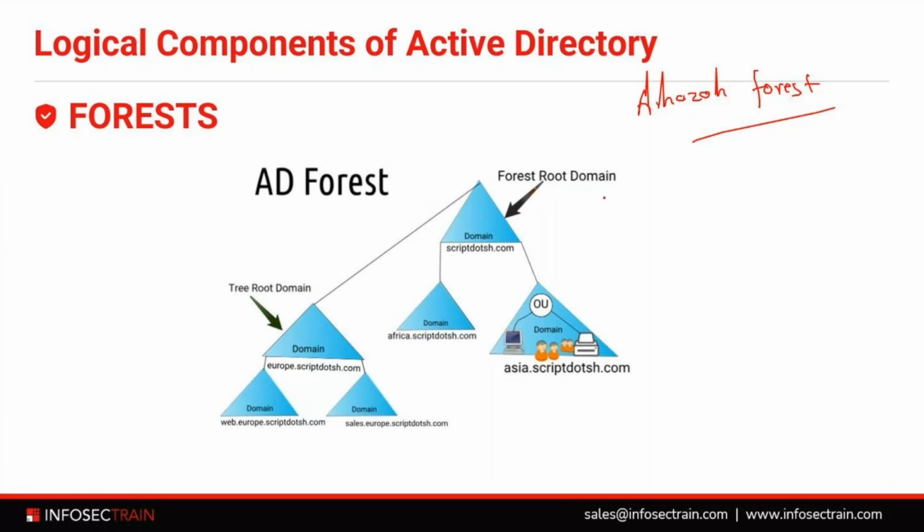An Active Directory forest means the whole, complete Active Directory instance. It can have multiple domains, right? We will be discussing domains. Every domain has its own characteristics, boundaries, and resources allocated. But at the same time, it shares a common logical structure, schema, and directory configuration within the forest, right?